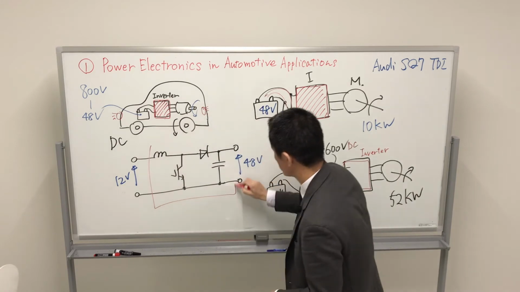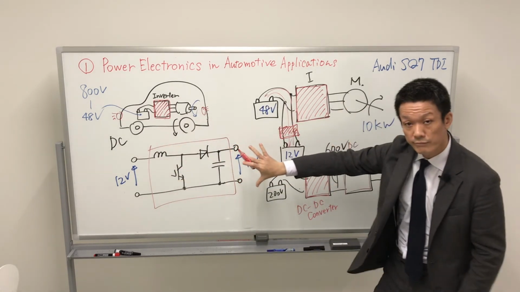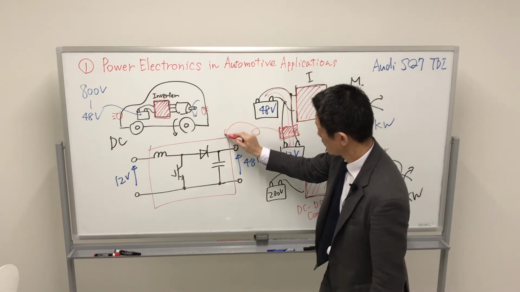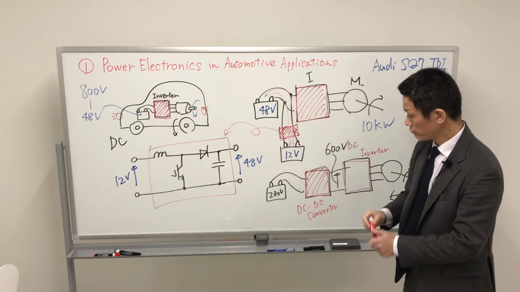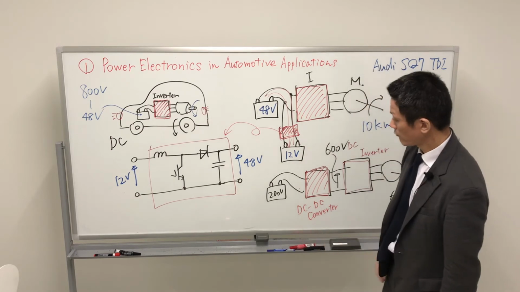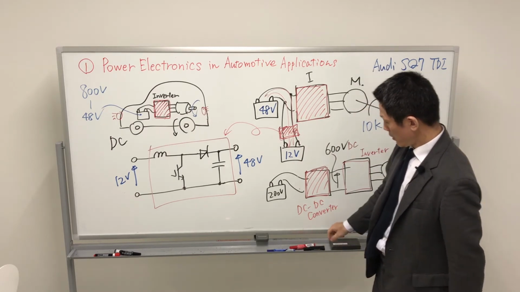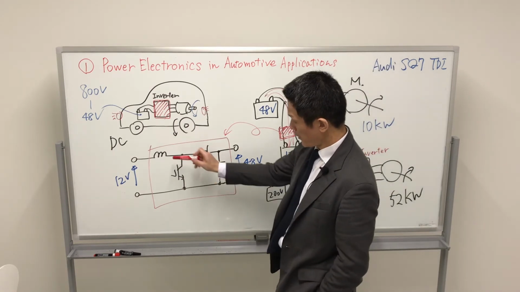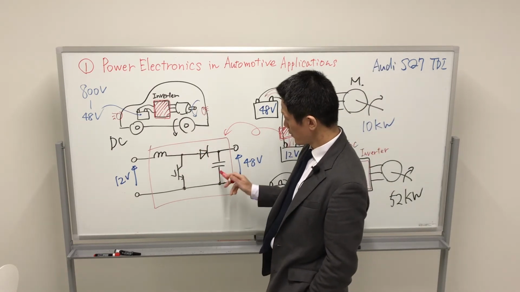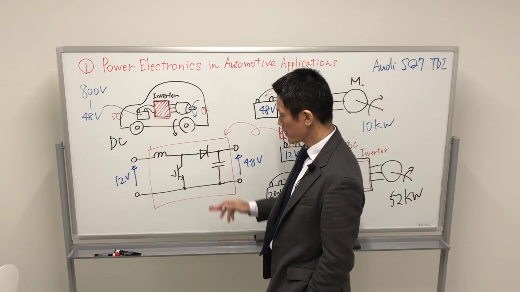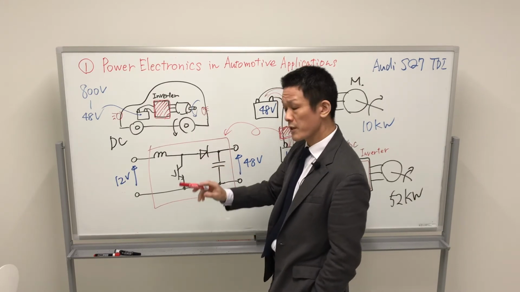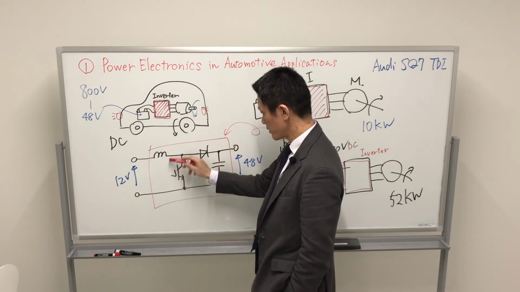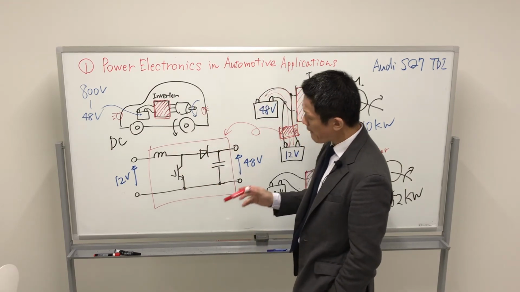This area is the boost chopper. This boost chopper is composed of the inductor, power capacitors, and a power semiconductor system.